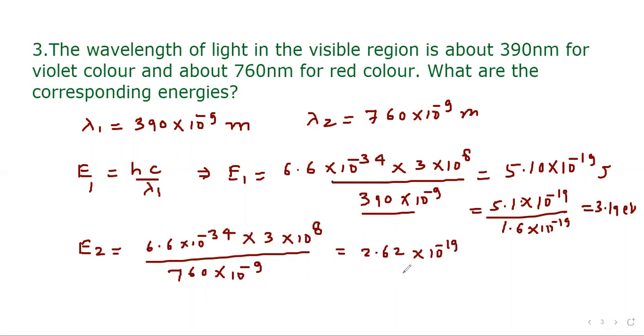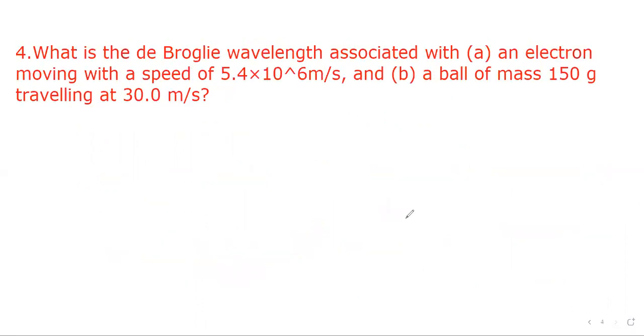If we convert it into electron volt, 2.62 × 10^-19 divided by 1.6 × 10^-19, that will come out to be 1.64 electron volt. So this is our answer.